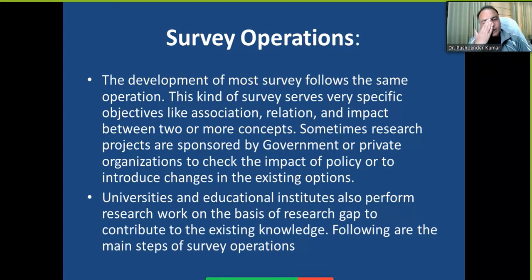Every year these organizations invite applications under different schemes to conduct a survey and give some information to the government, and then the government can use it for policy decision making or for different strategies.